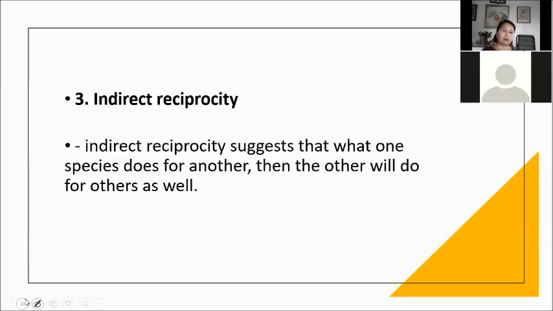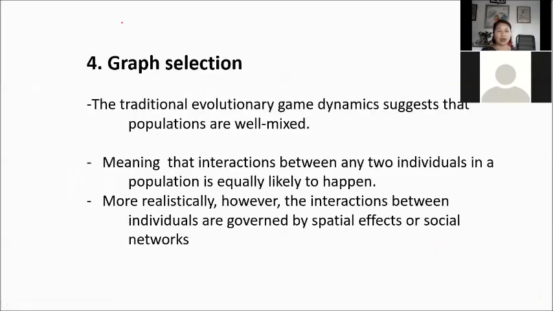Okay, so yan ang indirect reciprocity. So next is graph selection. So graph selection, this is the traditional evolutionary game dynamics that suggested that populations are well mixed, meaning that interactions between any two individuals in a population is equally likely to happen. Okay, so graph selection.